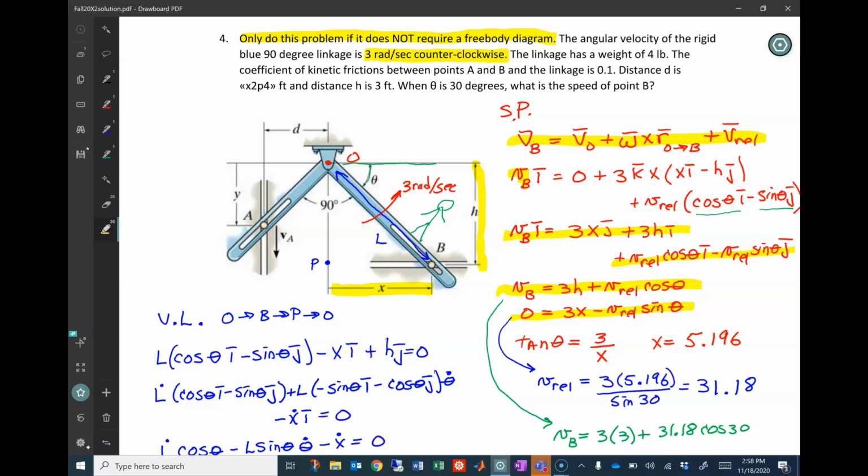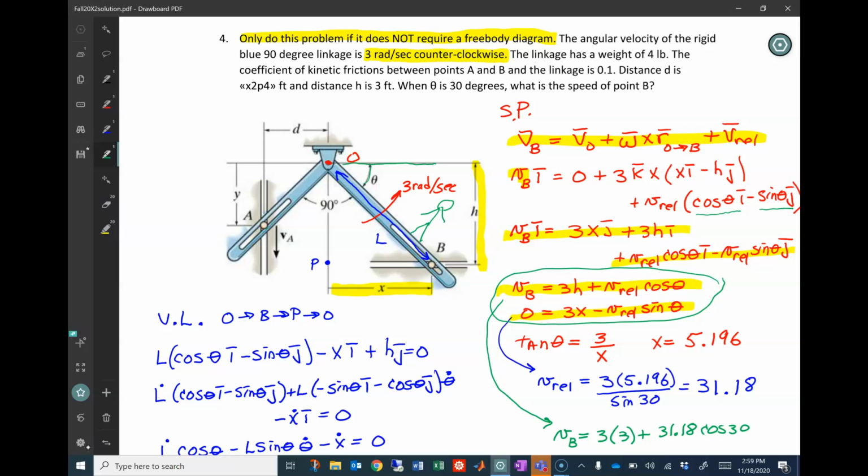Now, what you want to do that we did in class: these things right here are velocity equations. You don't ever solve a velocity equation for a double dot or a no dot term. So you do not look in these circled equations for X. You've got to find it some other way.